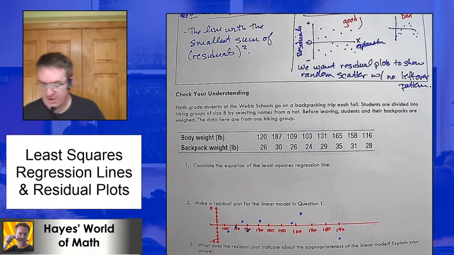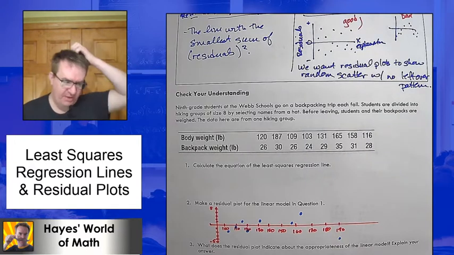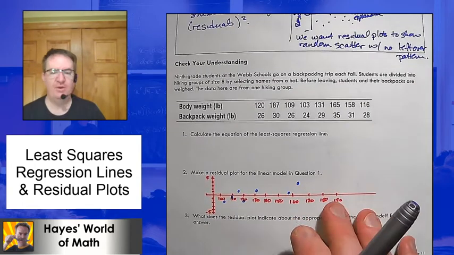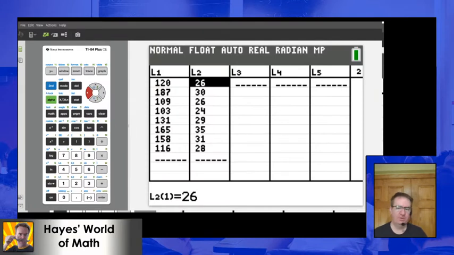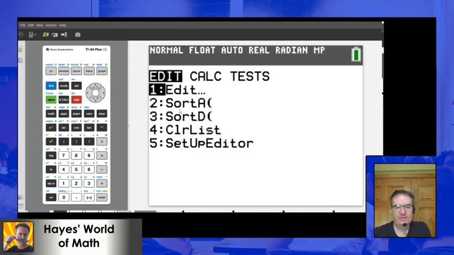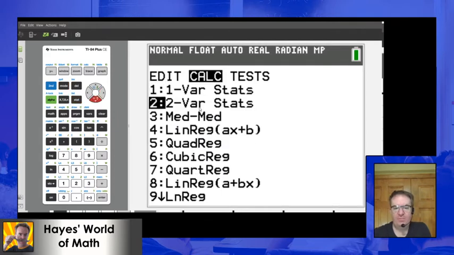So you have to calculate all of this. I've already got the residual plots written down here. To calculate this, remember, you put in list 1 and list 2, x, y. When you get done with that, we quit out. You go back into stat, go over to calculate, and pick linear regression.